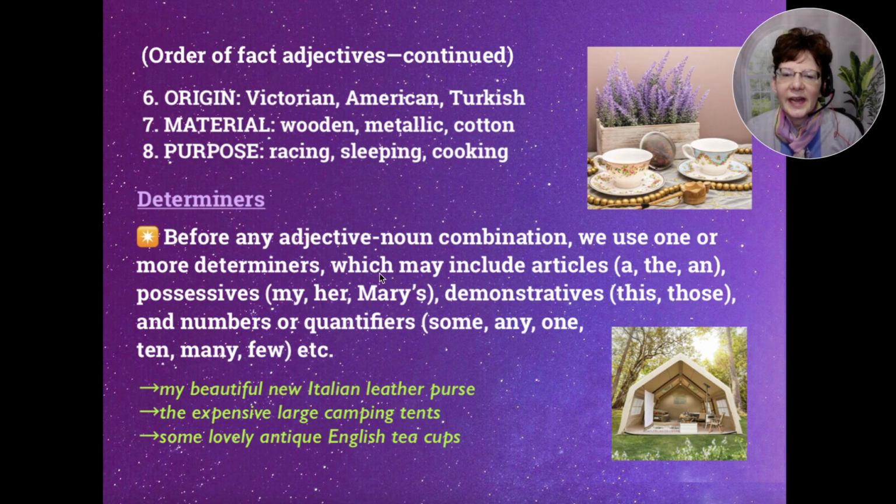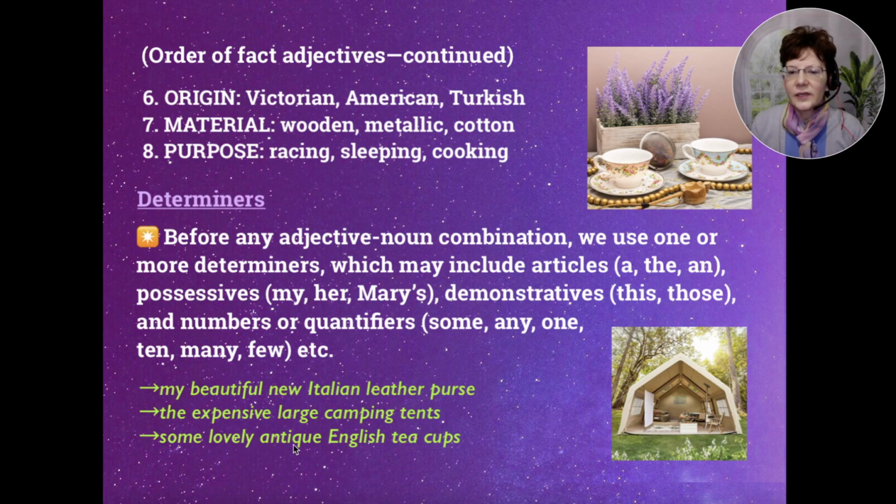Before any adjective noun combination, we use one or more determiners, which may include articles, a and the, possessives, my, her, Mary's, demonstratives, like this and those, and numbers or quantifiers, like some, any, one, 10, many, few, etc.